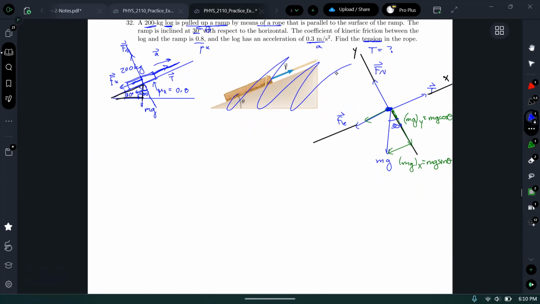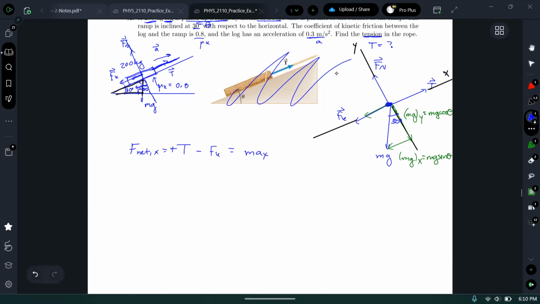Still in autopilot, still not really worried about what the problem's asking me about. I'm just going through the motions of this. Net force in the x direction. I have tension acting in the positive x direction. I have kinetic friction acting in the negative x direction. Equals mass times x acceleration. Oh, no, I am forgetting something there.